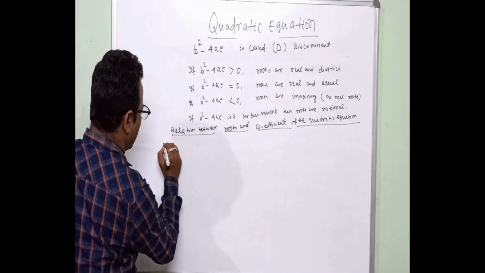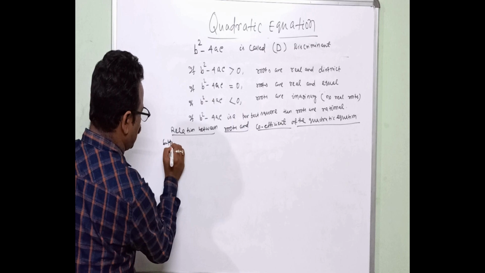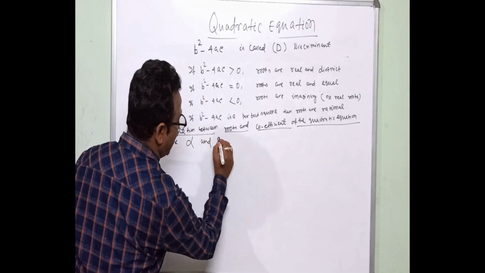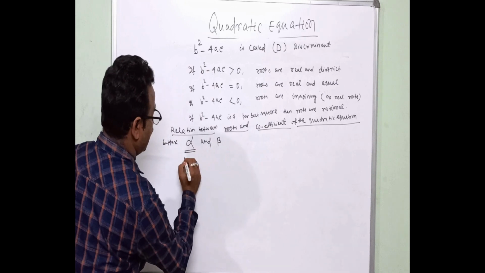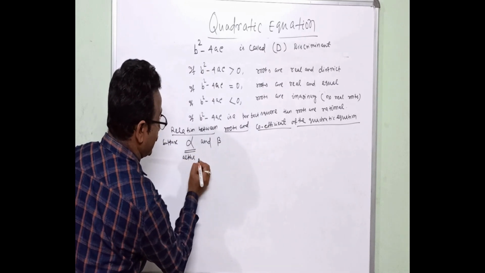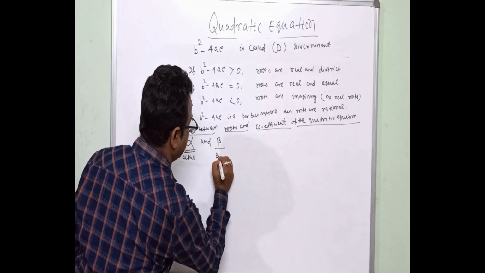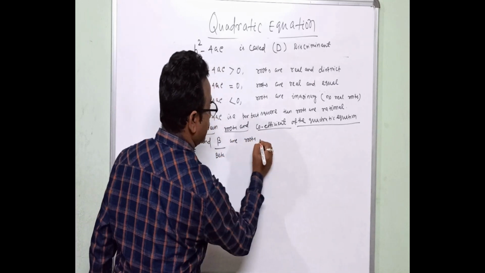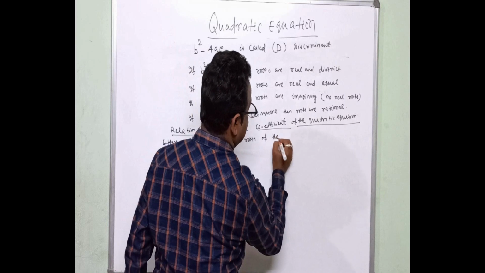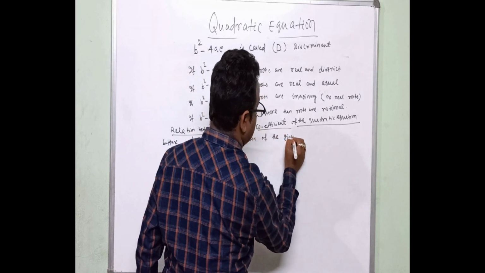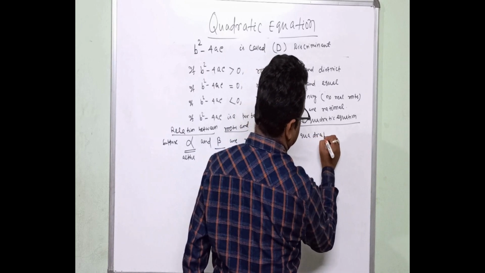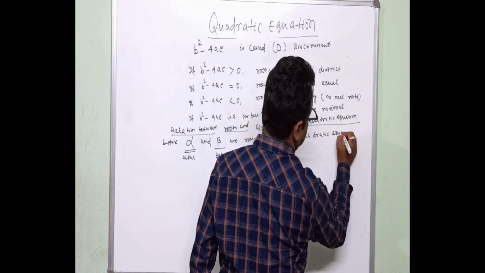Suppose alpha and beta are the roots of the given quadratic equation.